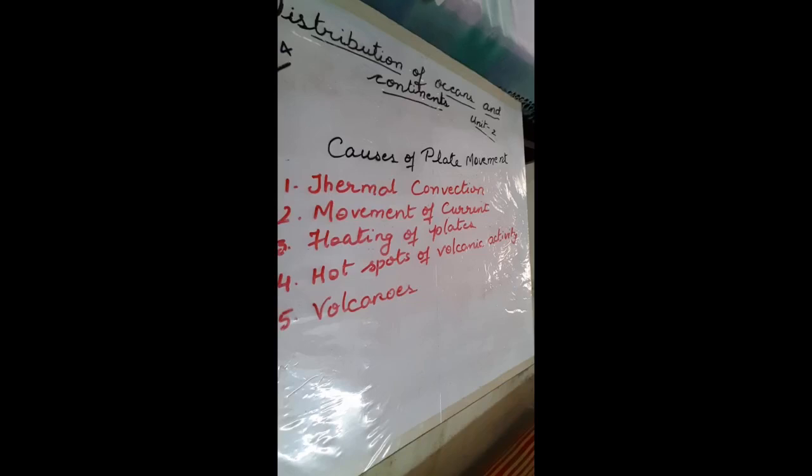Fifth is volcanoes. W. Jason Morgan proposed the hypothesis of hotspot in 1971. According to him, the source of magma in the mantle remains fixed in position, while the lithospheric plate above it moves steadily.